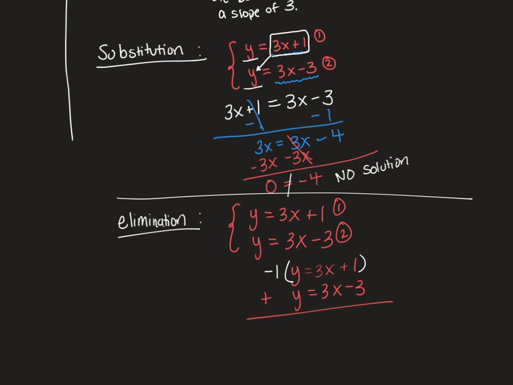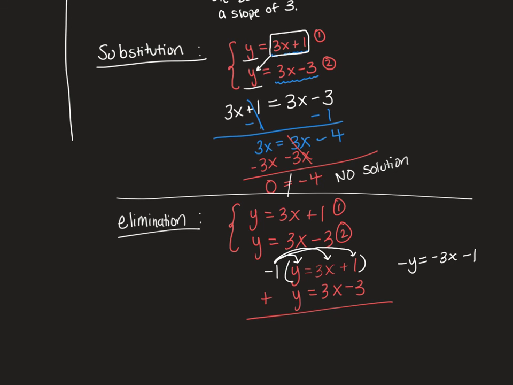So let's multiply. -1 times y is negative y. -1 times 3x equals negative 3x. -1 times 1 is -1.